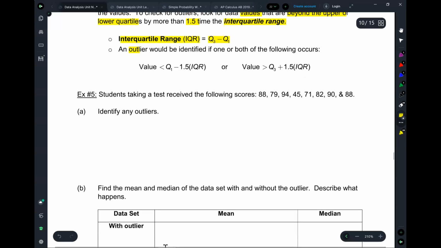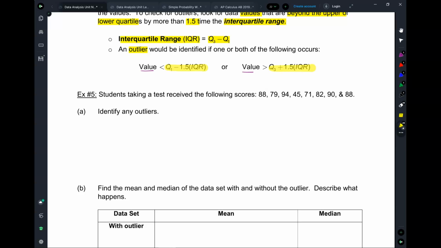An outlier would be identified if one or more of the following things happened. Either your specific value is less than Q1 minus 1.5 IQR, or the value is greater than Q3 plus 1.5 IQR.